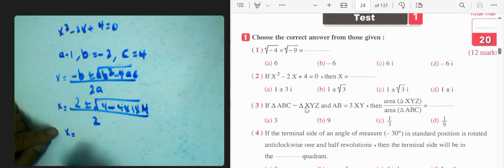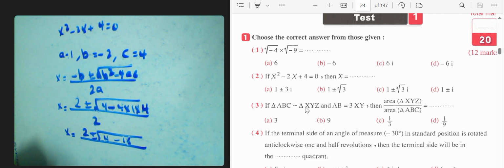Then the value of x will be equal 2 positive or negative square root of 4 subtract by 4 times 4 equals 16. And in the denominator we have 2 times 1 will be 2. And then you can complete the result.